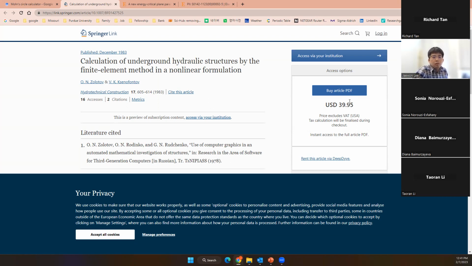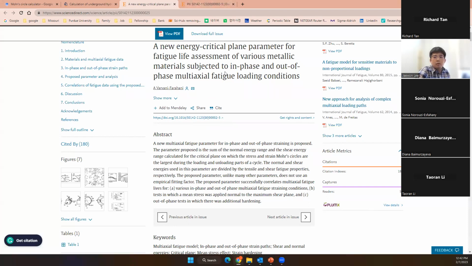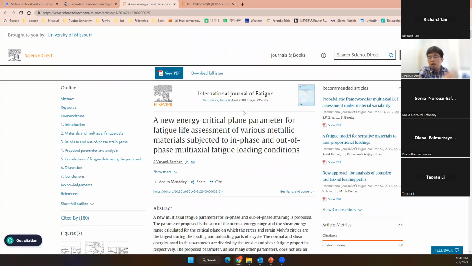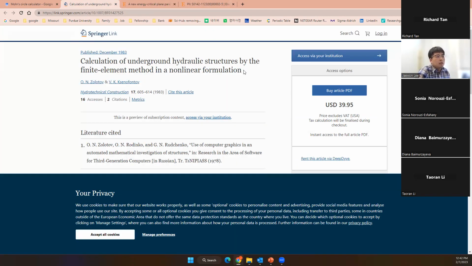So if you use the internet at the University of Missouri, you can download the papers from these journals, because they made a contract with the University of Missouri. But this journal didn't make a contract with the University of Missouri. So at the time, you need to contact the library and ask, I want to see these papers. It may take quite a long time.